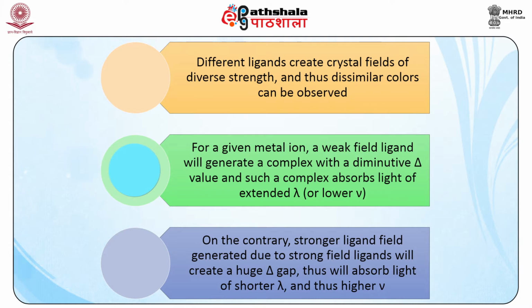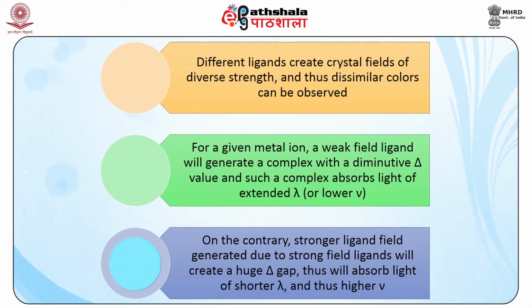For a given metal ion, a weak field ligand will generate a complex with a small delta value, and such a complex absorbs light of longer lambda or lower frequency.